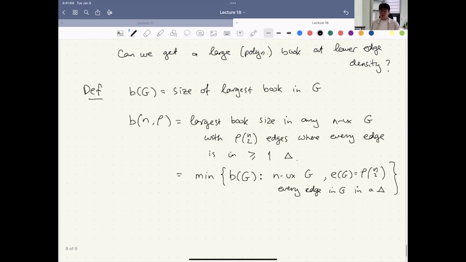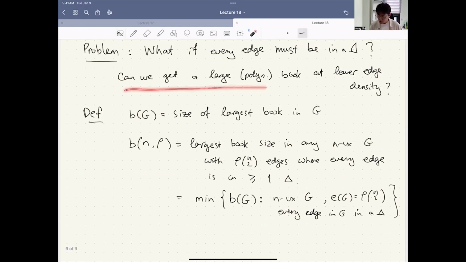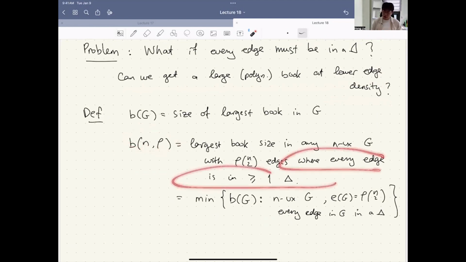Now the conjecture. Erdős and Rothschild conjectured that for any positive edge density, meaning for every positive constant ρ, when n is sufficiently large, this is polynomial in n. We can always guarantee, as long as every edge is in a triangle, a polynomial in n size book.